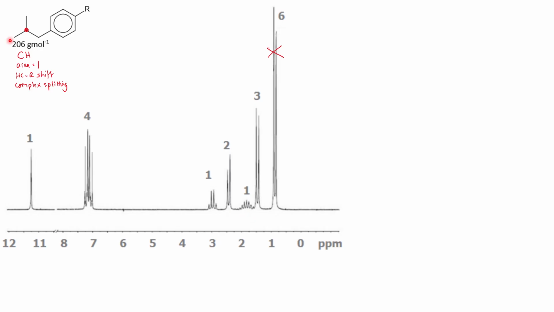But we can confirm that by the fact that it's got complex splitting, and that's what we expect because it's going to be split by the 2 methyl groups there and by the CH2 here. So there's going to be a lot of splitting there, and that's consistent with this peak down here, which you can see has a large number of sub peaks there.